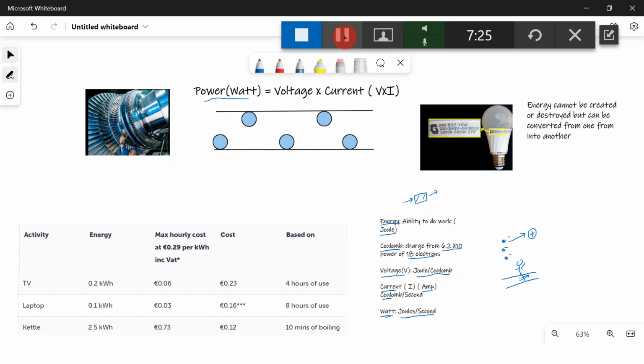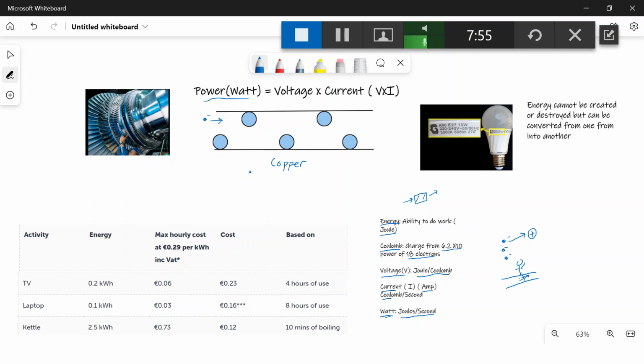So if we think about the electron, imagine this is a conducting material like copper. And imagine you have a coulomb amount of electrons, so you have 6.2 multiplied by 10 to the power of 18 electrons, and you have 1 amp of electrons moving through this conducting material.